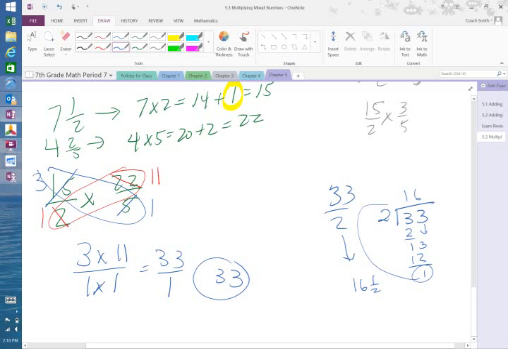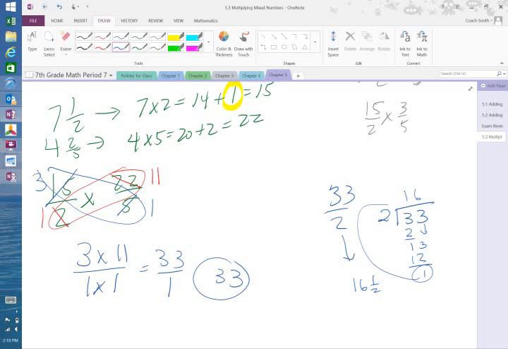If I got 33 over 2 instead of 33 over 1, then you just change the improper fraction back to a mixed number. There will be some that will be like that. Let me see if I can find you one right quick here.